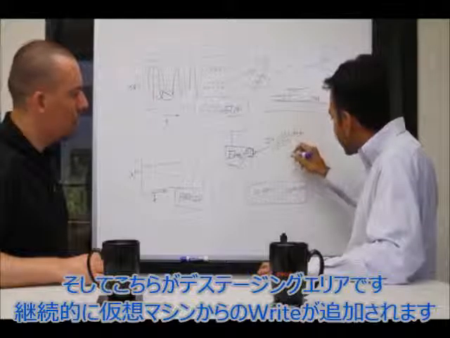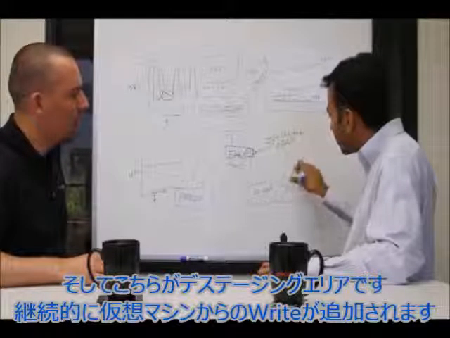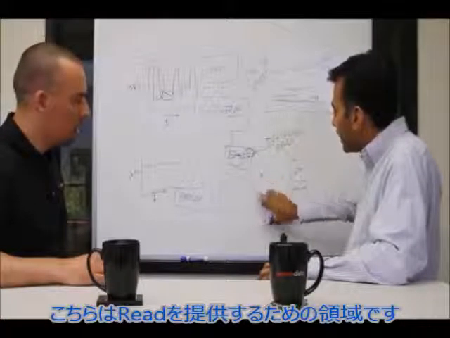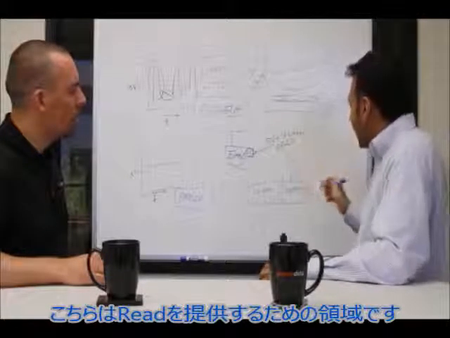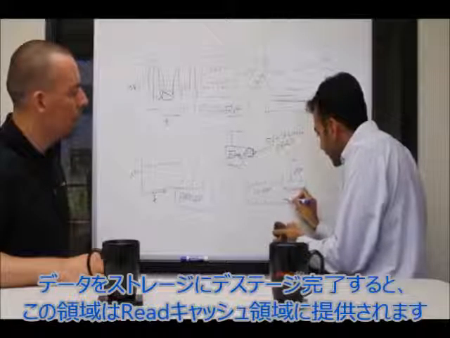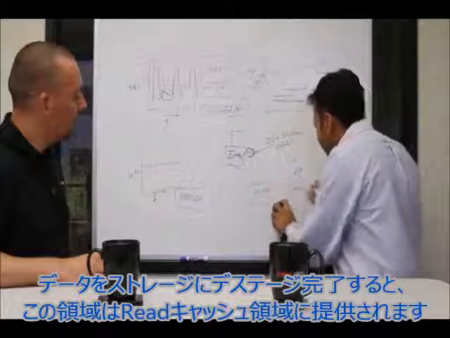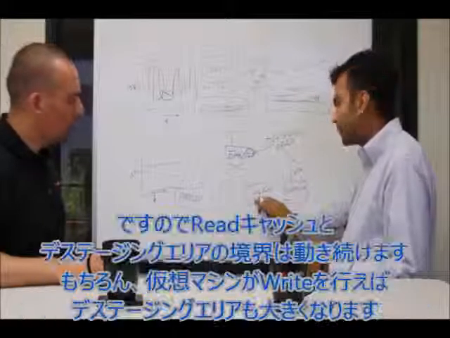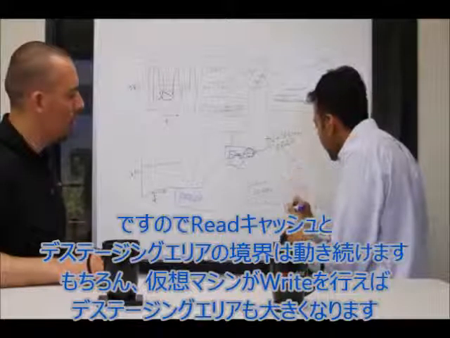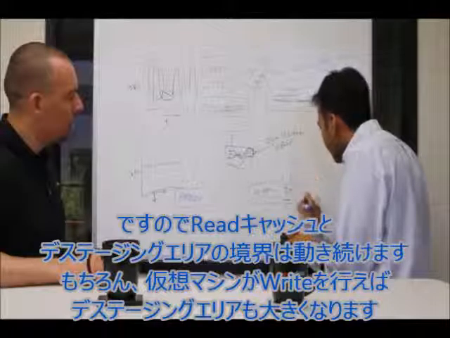Yeah. And so this is constantly accumulating writes from the virtual machine. This is all data that you use to service reads. And as we destage, as we write these things out to the array, the destaging area is promoted to this area. Okay. And so this boundary is constantly moving, right?